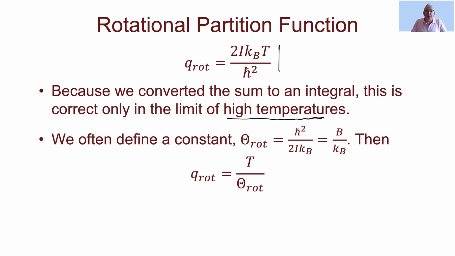So my approximation that kT is a lot bigger than the rotational spacing will get gradually better as the temperature goes up. Oftentimes, this equation is written in a simplified form using what we might think of as a reduced variable of sorts. So this version down here has in the denominator this rotational theta, also sometimes called a rotational temperature constant.